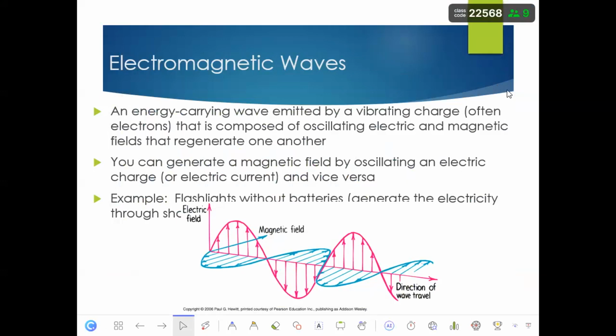And what is the energy? An energy carrying wave emitted by vibrating charge. We have particles sometimes. These particles are neutral. What does it mean? It means that they don't have charge. But sometimes they have charge, positive charge and negative charge.